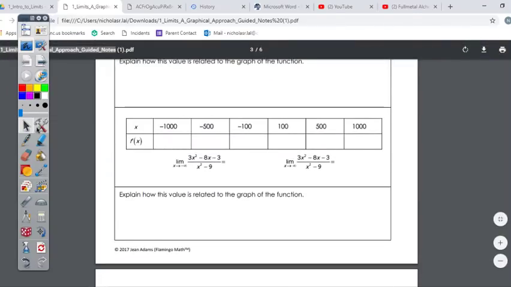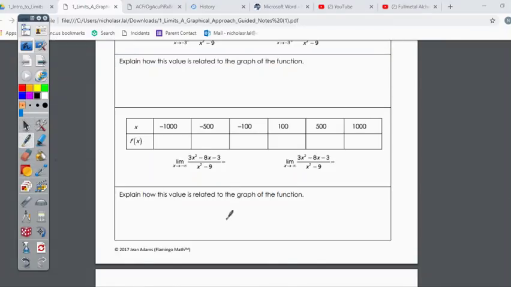Explain how this value is related to the graph of the function. As x approaches infinity, y gets extremely close to 3.